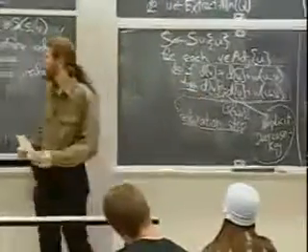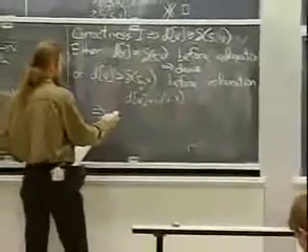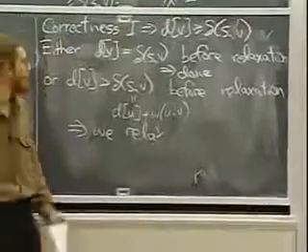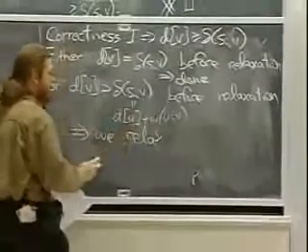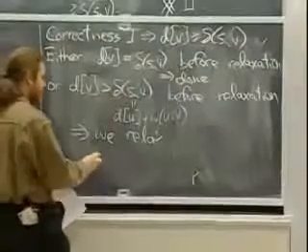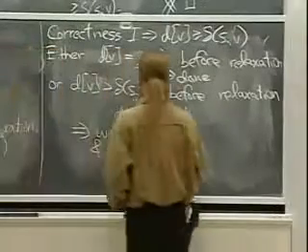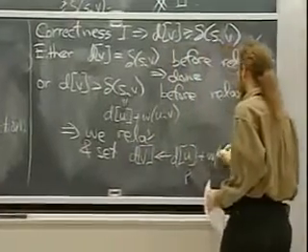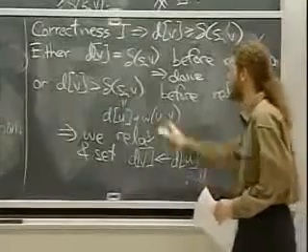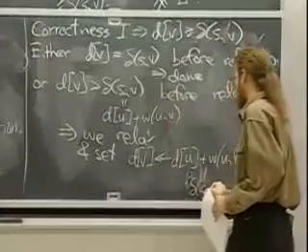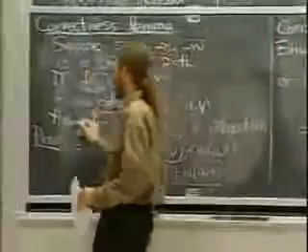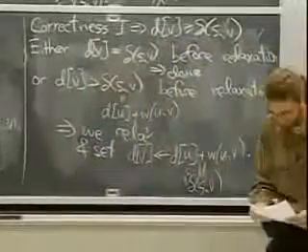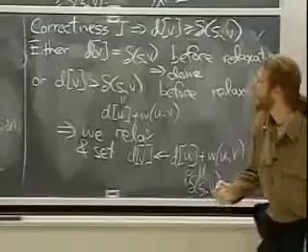Therefore, we relax, and we set d of v to d of u plus w of u comma v. And this equals, as we said here, delta of s comma v, which is what we wanted to prove. Done. I'm getting more and more excited as we get into the meat of this proof.